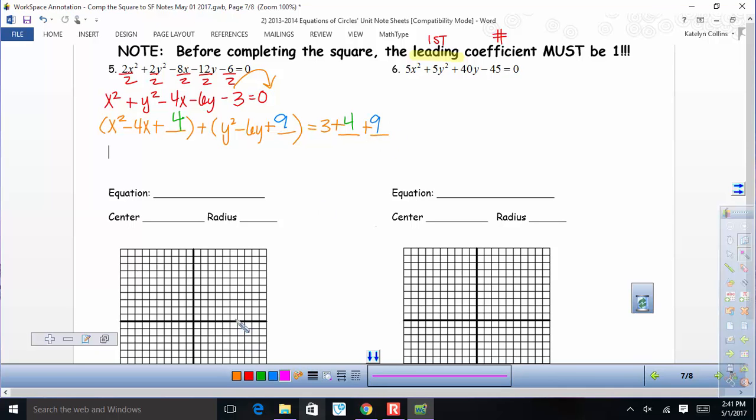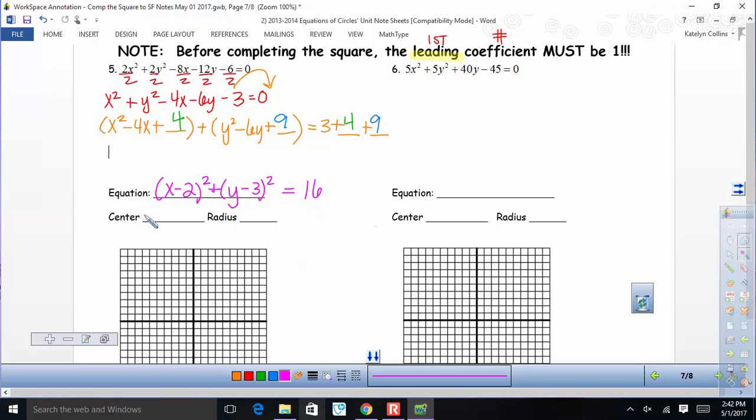Okay? Now we're going to write our equation. So what did we get when we divided our x by 2? A negative 2 squared plus y. What did we get when we divided our y by 2? Negative 3 squared. Very good. Equals 3 plus 4 plus 9 is 16.